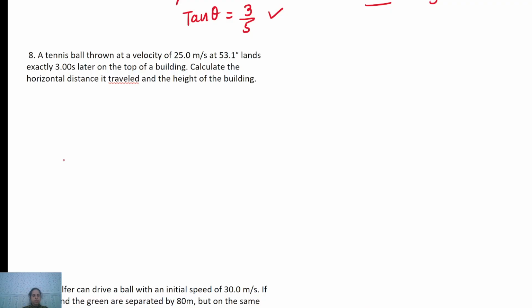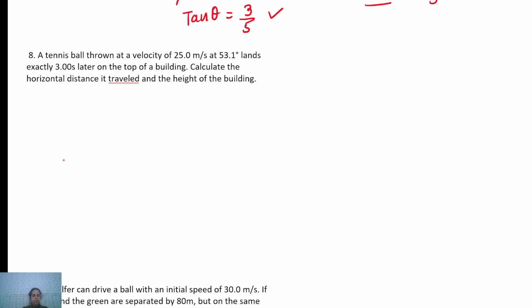So this is my building, let's say. Exactly 3 seconds later, so my time for which it was in the air is 3 seconds. So we want this horizontal distance. Calculate the horizontal distance and the height of the building. So that's my y.